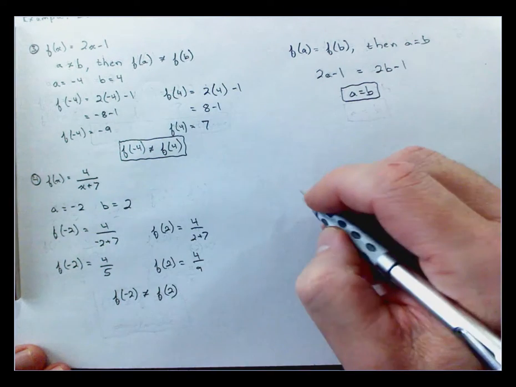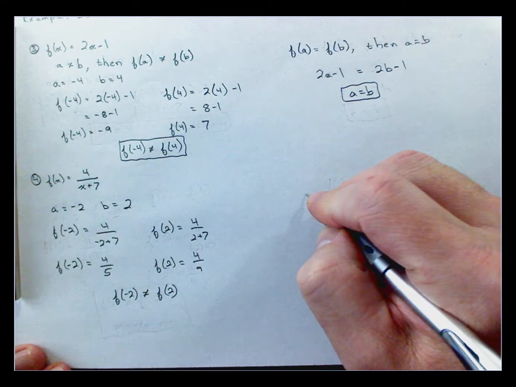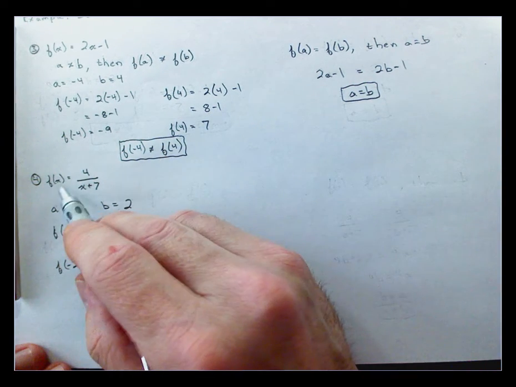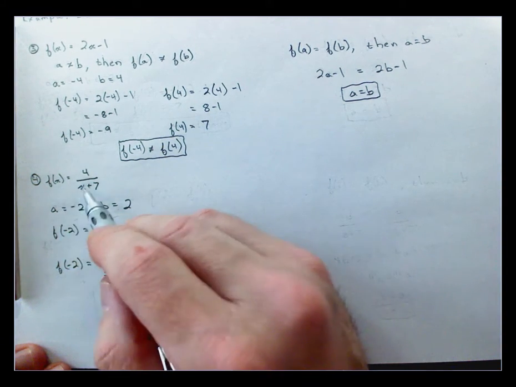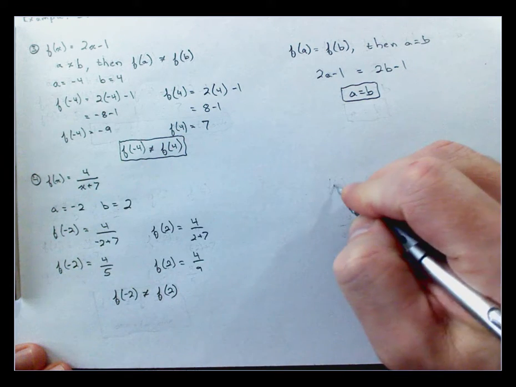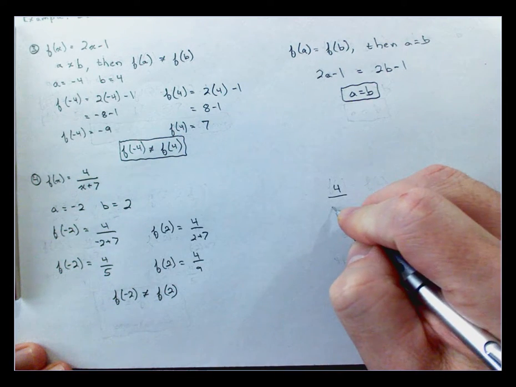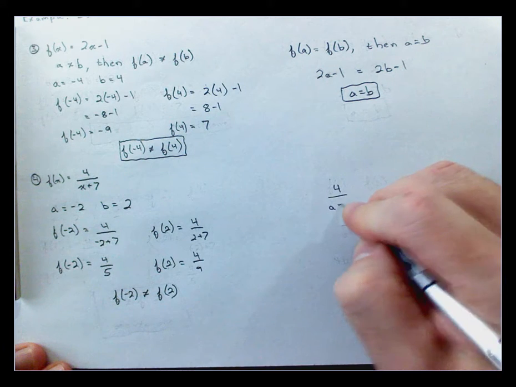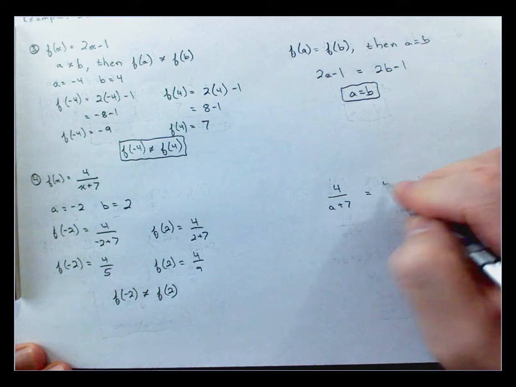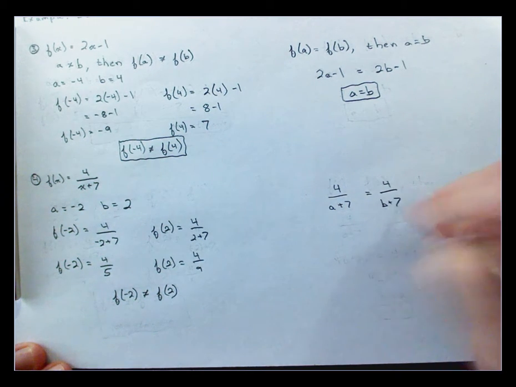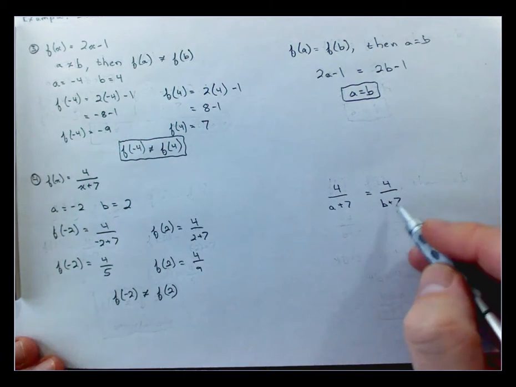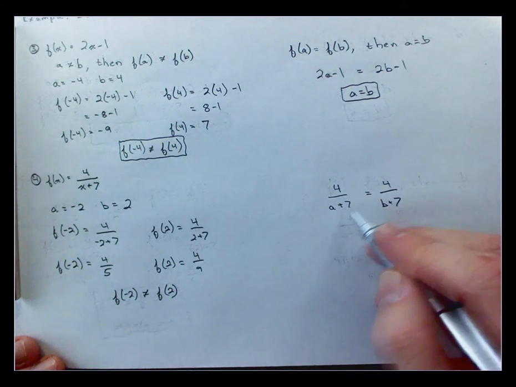Or I could follow suit up here, and I could set them equal to each other. Again, I take A and substitute it for x, and I take B and substitute it for x. So what I end up with is 4A plus x equals 4B plus x. For this one, I'm going to treat it like a proportion. I'm going to cross multiply.